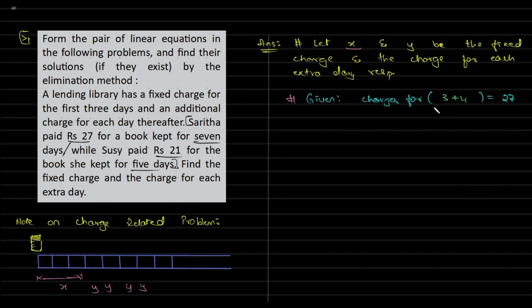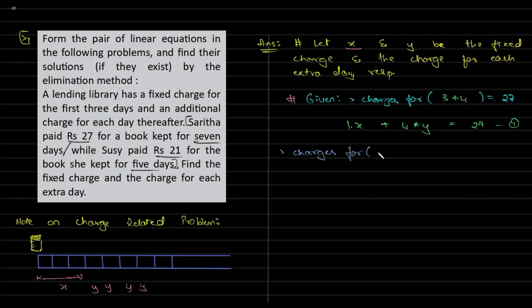So the charges for the first 3 days is X, while for the next 4 days it will be 4 into Y. This is equal to 27 and that's my equation 1: 1x plus 4y equals 27. Next, charges for 5 days.